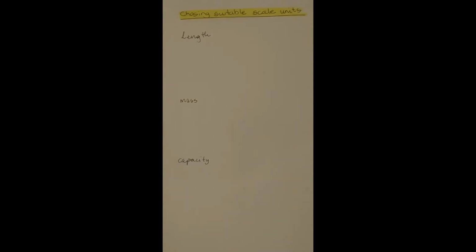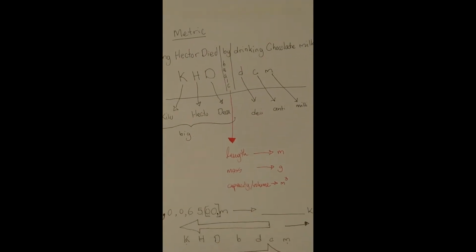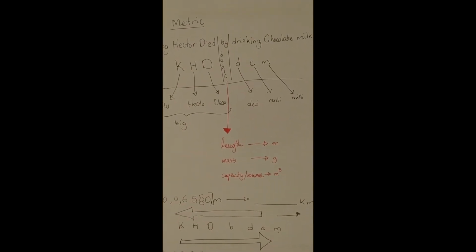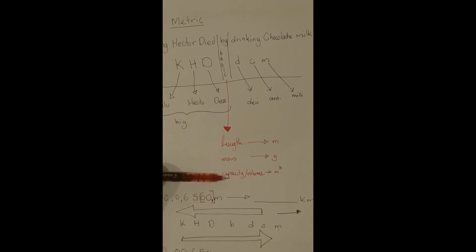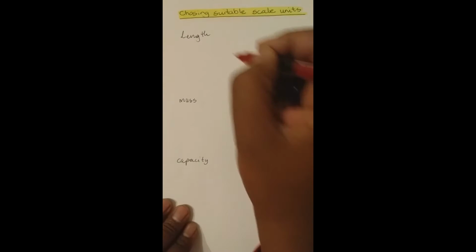Now remember that we had basic units that we were working with, and I said to you the basic units that we usually look at for our course of study are length, mass, and capacity or volume.